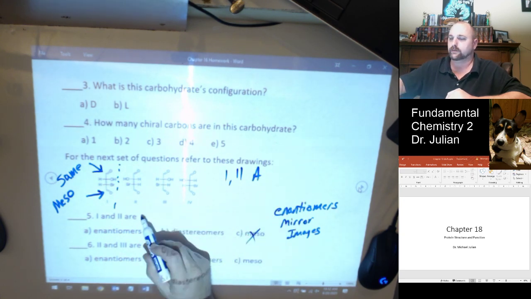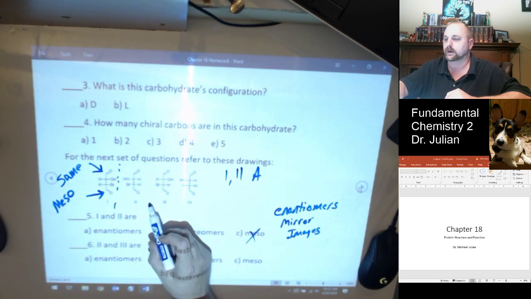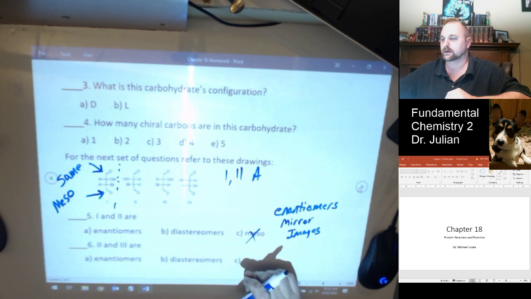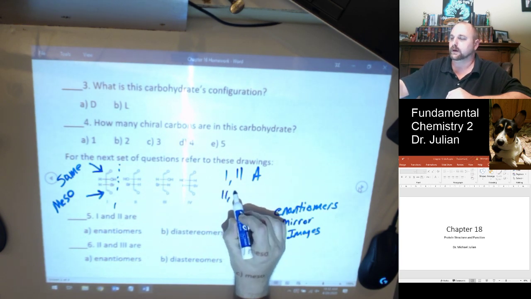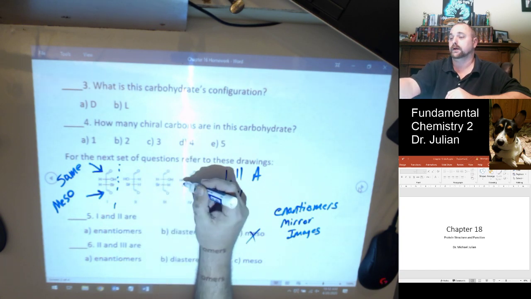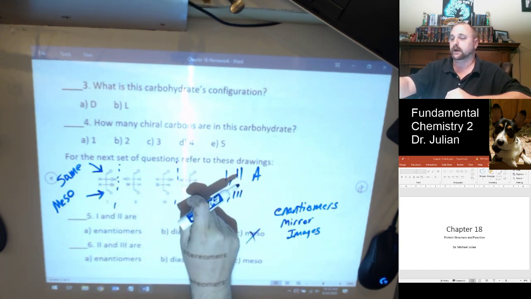And 2 and 3, so I'm looking at these, they're not mirror images. Okay, and if I spun it around, it would also not line up. And so 2 and 3, and we'll see this a lot, you've got two sets, if we look real careful, enantiomers and enantiomers.